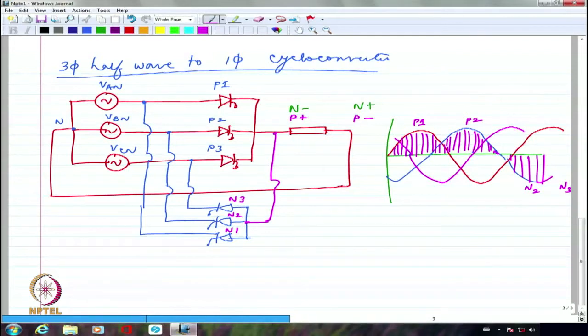That's what we said. So we are looking at the whole thing as though we have to fire the P converter such that ultimately the current will come down to 0. If you keep on giving firing pulses, the current will never come down to 0. So you will not be able to go to the negative half cycle at all. So once you hold off the firing pulses to the P converter, you should wait until the current comes down to 0.